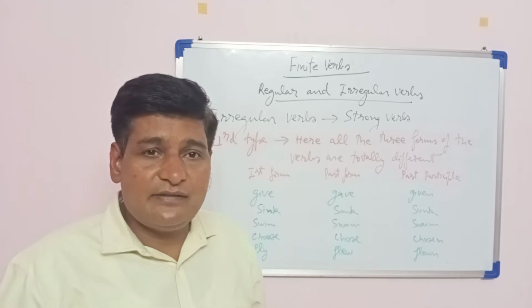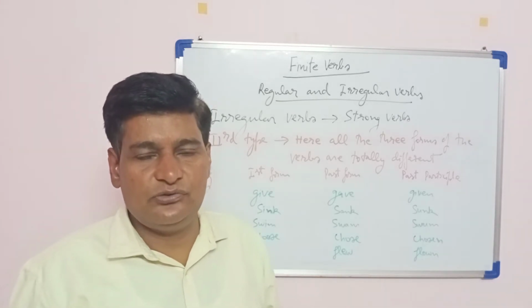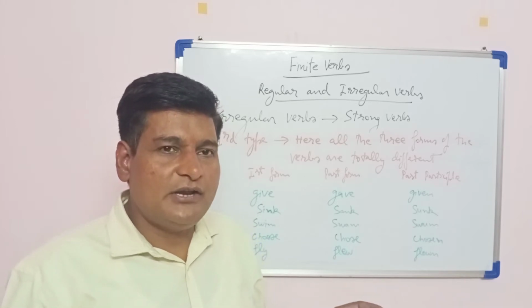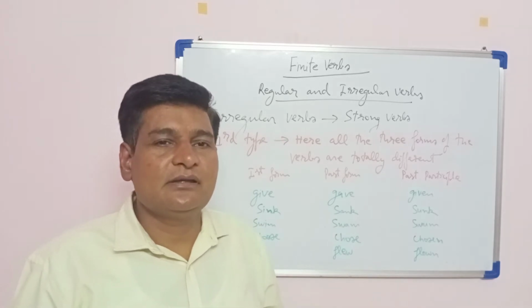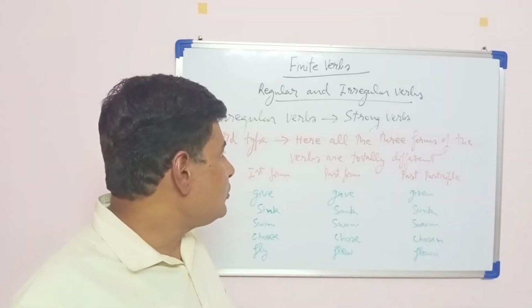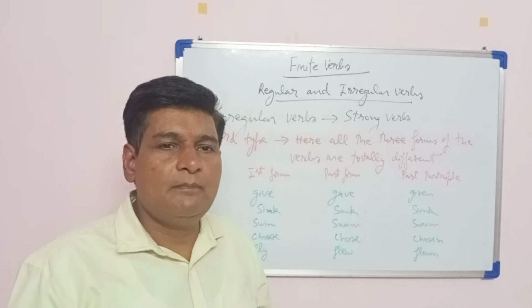So what is advisable, if the verb is a regular or weak verb, then it should always be used in the active form and not in the passive form, because when you use it in the passive form it will become weaker. So avoid the use of regular verbs in the passive form.